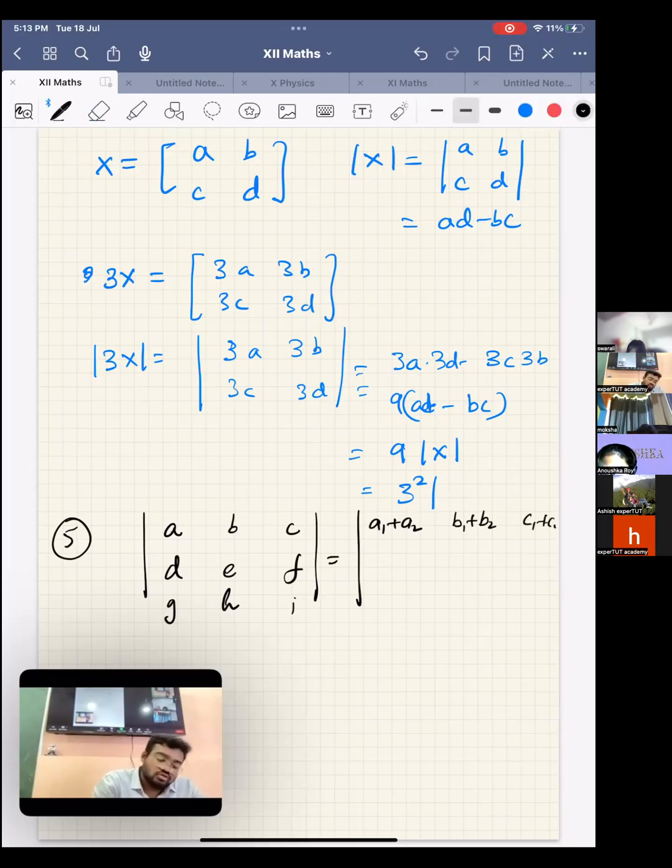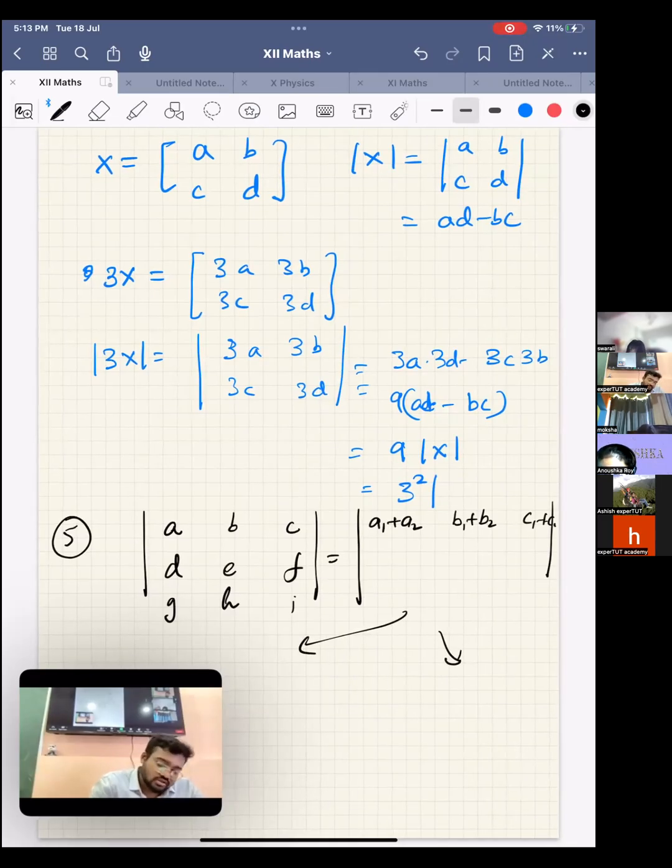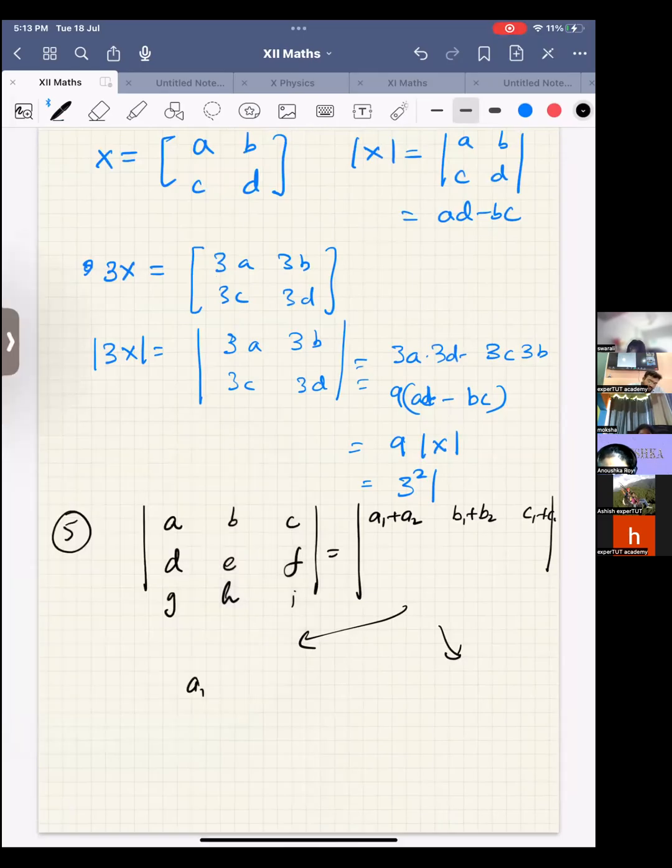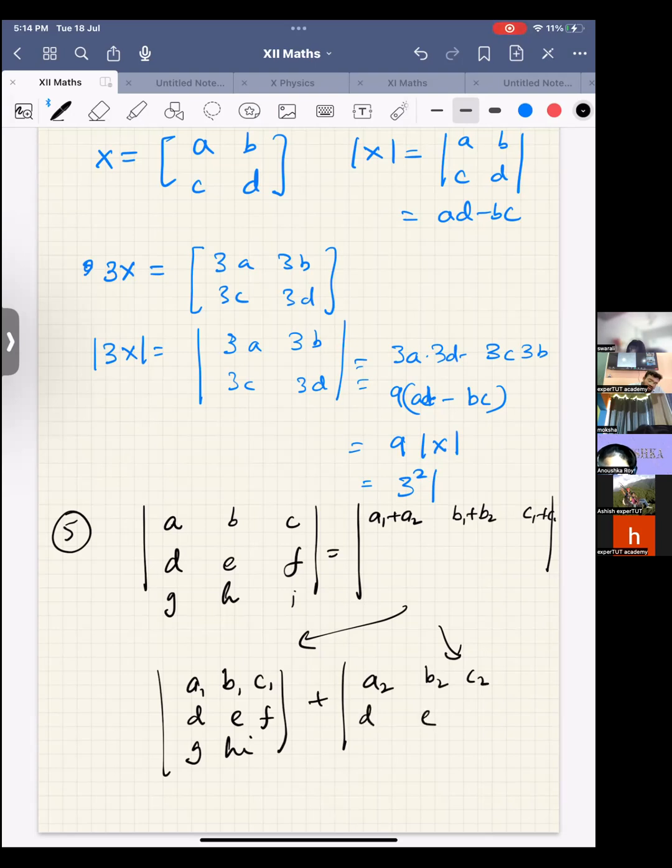So this can be broken into two determinants: A1, B1, C1, with D, E, F, G, H, I copied just like that, plus A2, B2, C2, with D, E, F, G, H, I copied just like that. The pink lines are just copied as they are. And A1 and A2 were adding up to a sum of A.